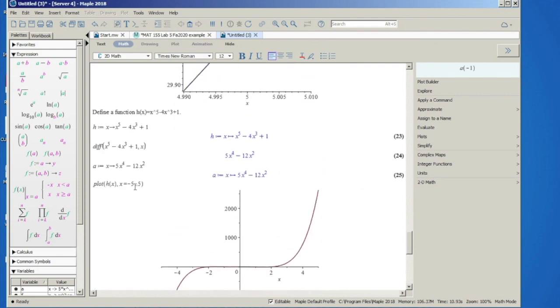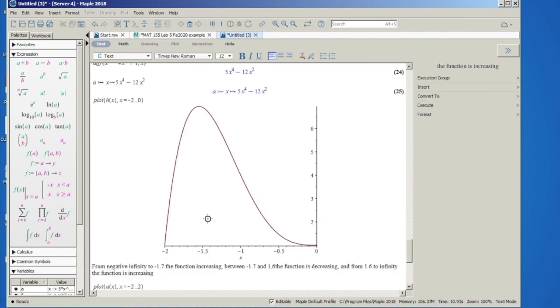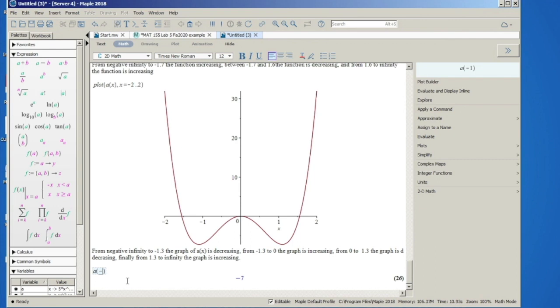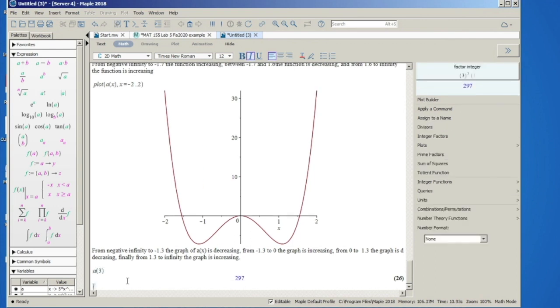So let's go back to the original function. Let's go from minus 2 to 0 and let's see if this is true. Well, this is indeed true. So we are decreasing at negative 1. If I checked, let's say, for 3, I get 297. 297 is a positive number.